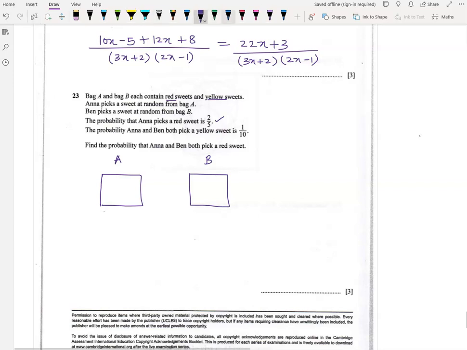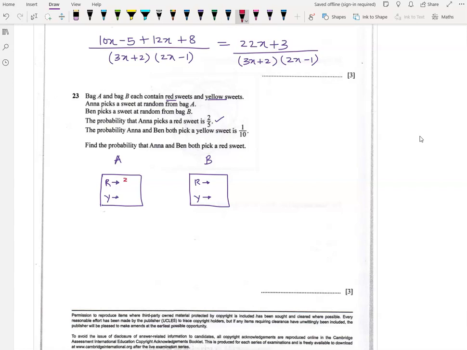So you have red and you have yellow. Okay. It says the probability that Anna picks a red is 2 by 5.